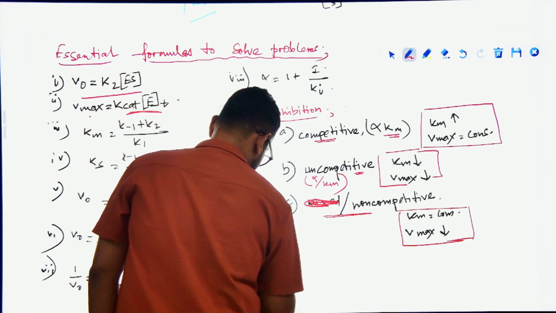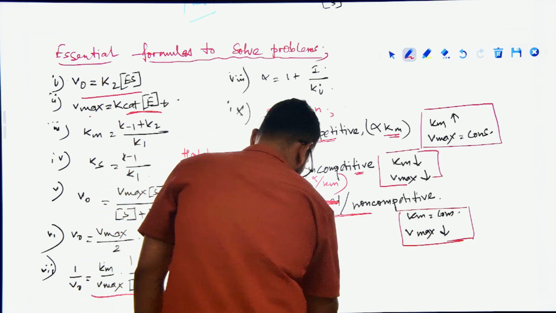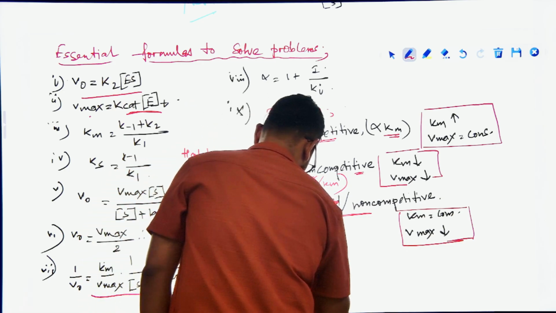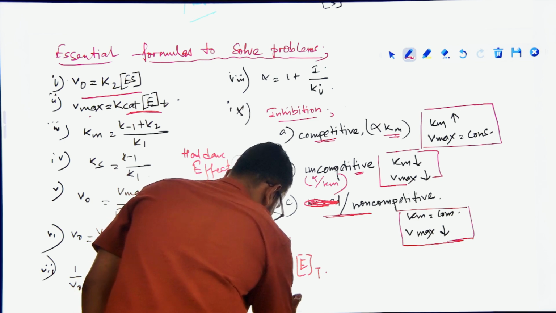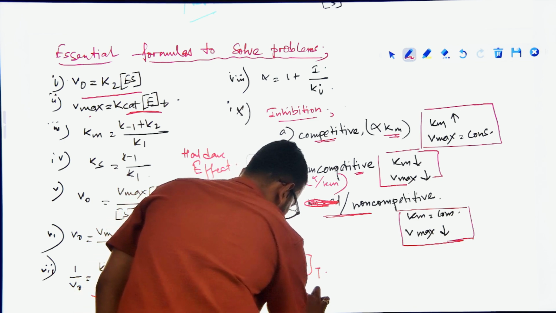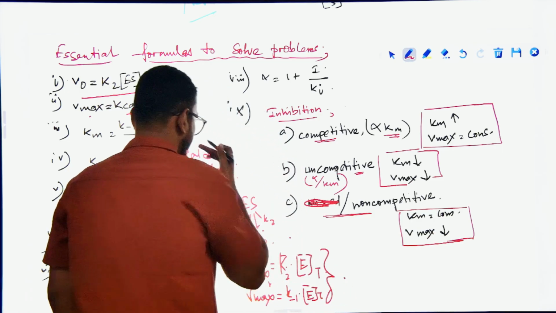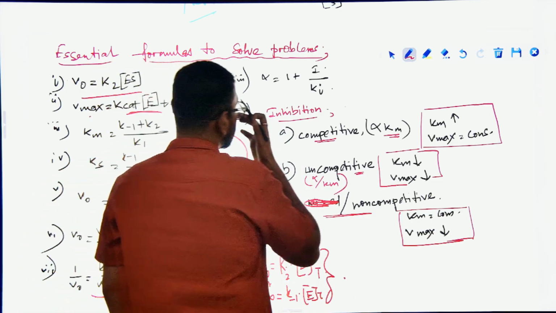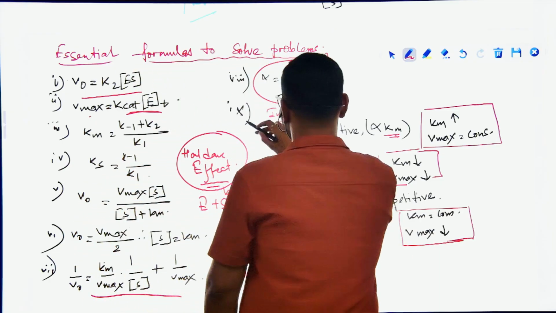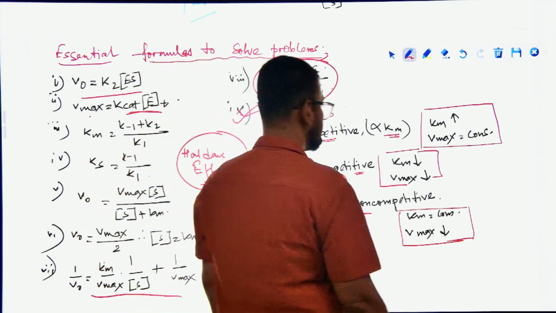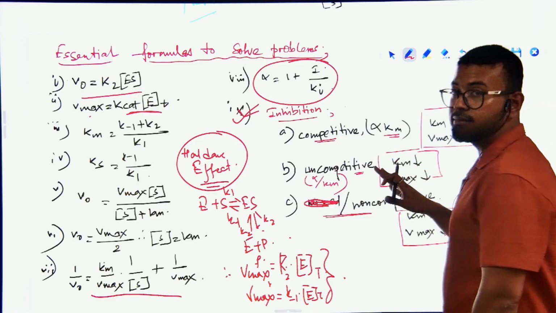So Vmax equals K2 into ET when it is a forward reaction, and Vmax for reverse is K minus 1 into ET. This is the Haldane effect. Alpha is equal to 1 plus I by Ki, very important, and inhibition, very important. So these are the few things from where questions arise.